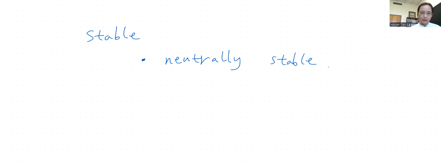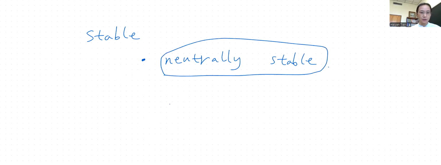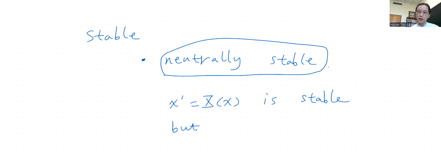To define this one, it is very easy: the system is stable, but not asymptotically stable.